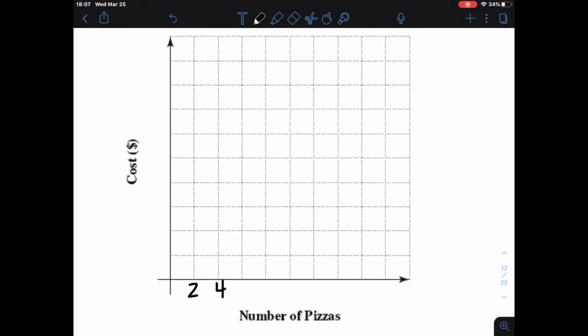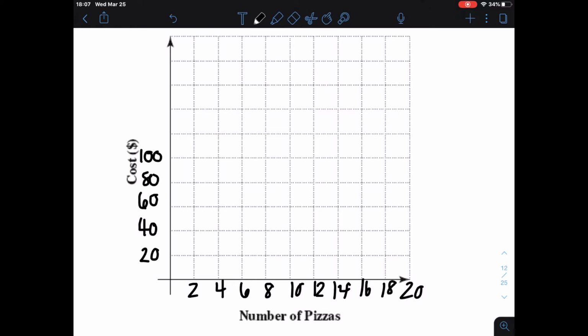So 2, 4, 6, 8, 10, 12, 14, 16, 18, 20. And then the cost, still going to go up by 20s. So 20, 40, 60, 80, 100, 120, 140, 160, 180, and 200.